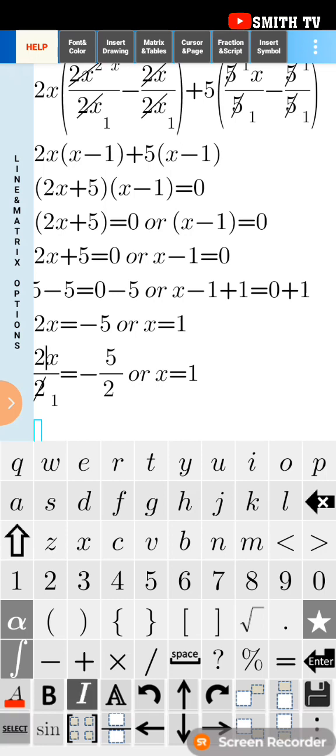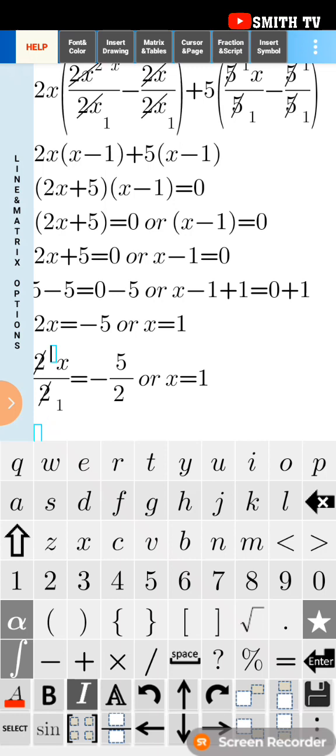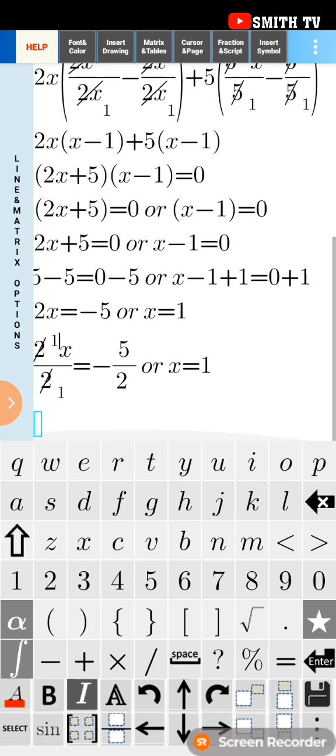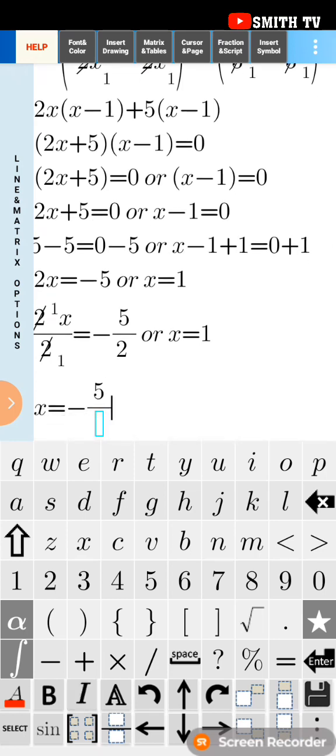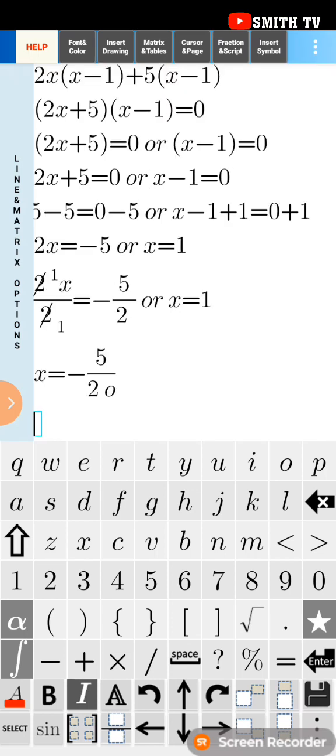Then 2 here also gives me 1. So what I have there is just x. Since I've divided that already, I'm having my x left, equal to minus 5 over 2.